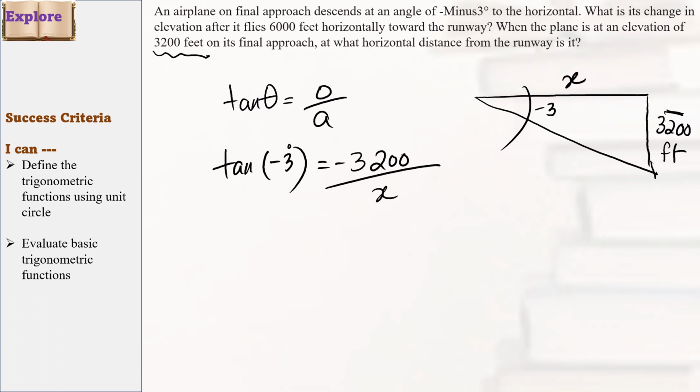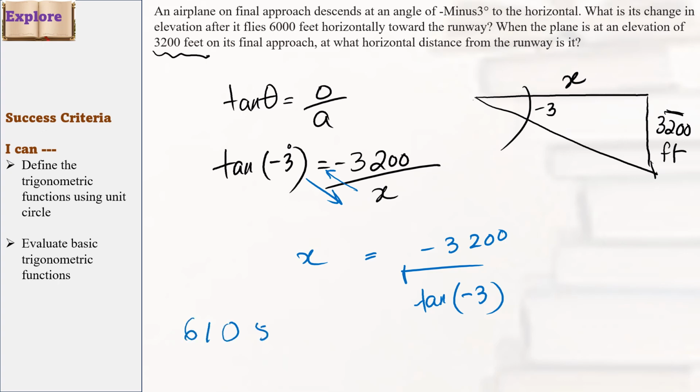To find x, we interchange the places of the angle's trigonometric ratio and the x value. So we write this in the calculator: -3200 divided by tangent of -3 degrees, and our answer will be 61059.6. So this many feet is the horizontal distance from the runway when it is descending to 3200 feet.